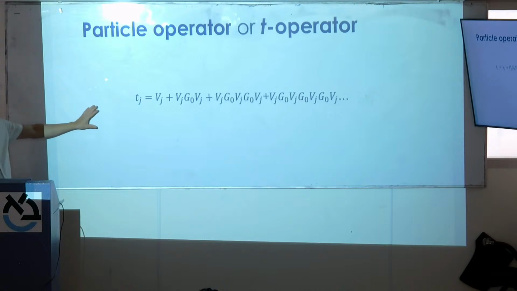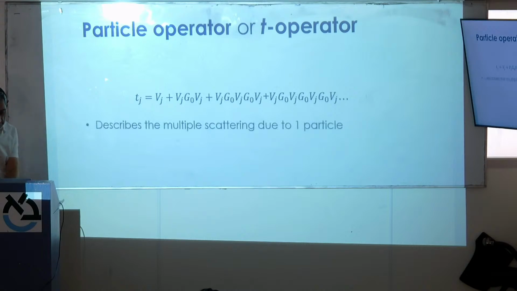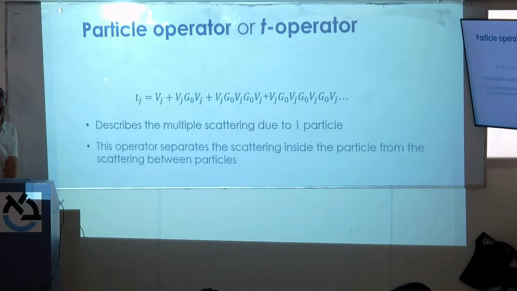No, wait, I will show you. They are also taken into account, but I want to extract the scattering by a single particle, even if it's multiple scattering in the same particle, from the scattering between different particles. So this operator separates the scattering inside the particle from the scattering between particles.